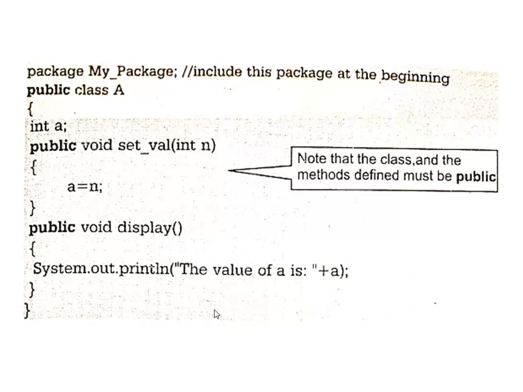Afterwards, I have written public void set_value with an int n, a function in class A, in which I am putting the value of n into a. Afterwards, I have declared another function, display, where I am displaying the value of a, and all of this is stored by the name a.java. This program is stored in the my package folder, which is in home.